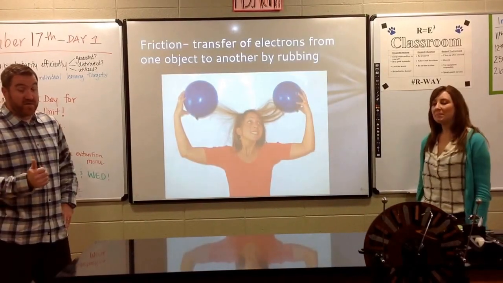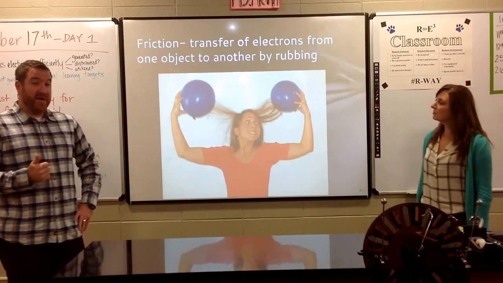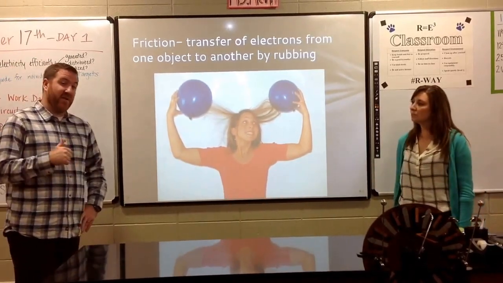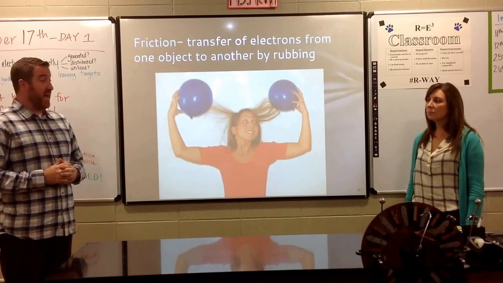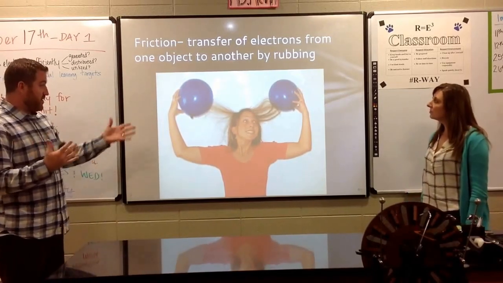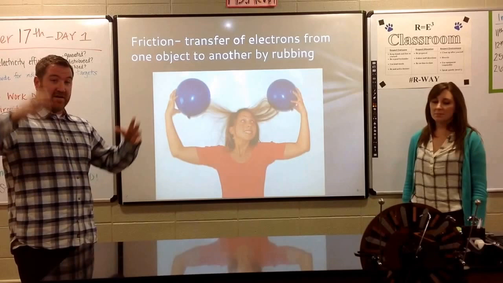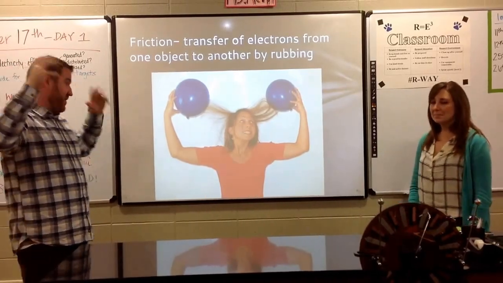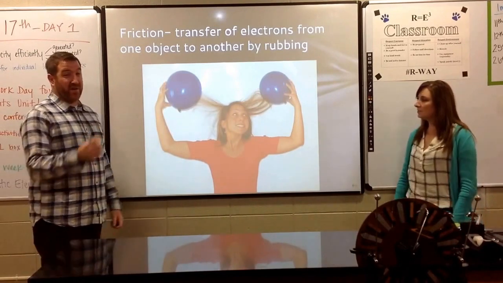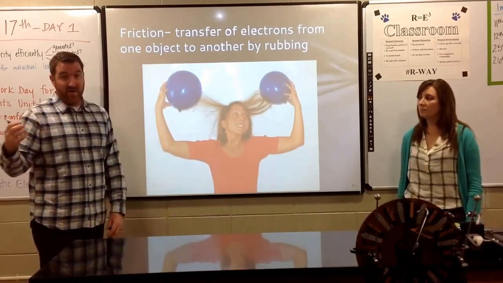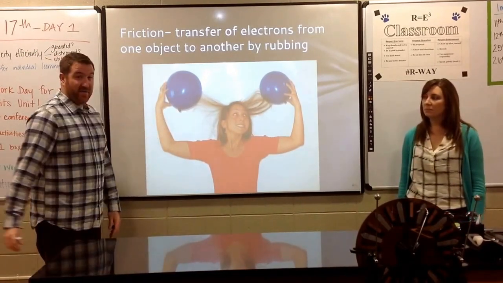All right, our first type of charge transfer is totally based on friction, which is the transfer of charge by rubbing two objects together. Here you see a young lady that took a couple of balloons and rubbed them against her head. In doing that, what she was actually doing is taking the electrons that are in her hair and placing them onto the balloon.